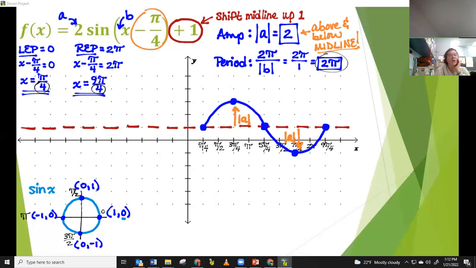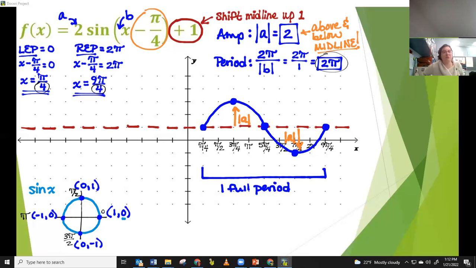Perfect. Do I have enough room to fit another full period on here? Remember, I can go forwards or backwards.